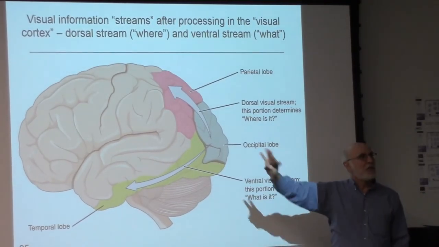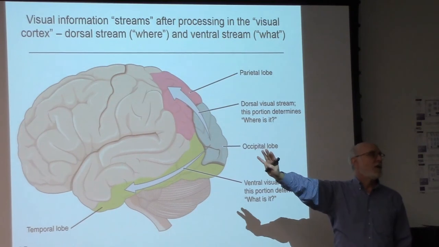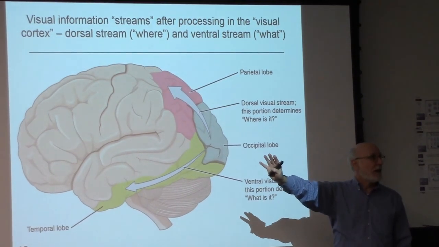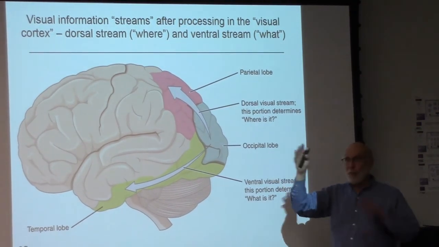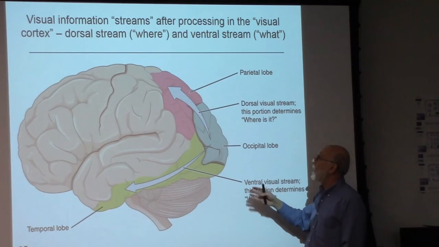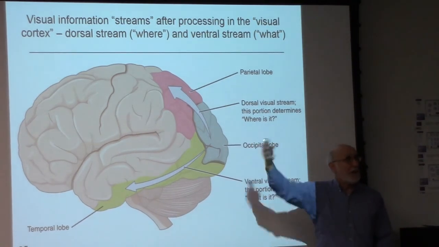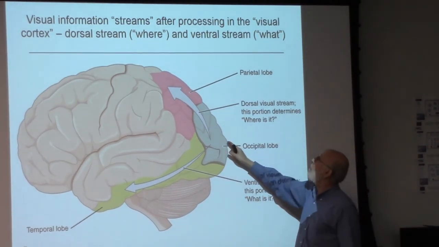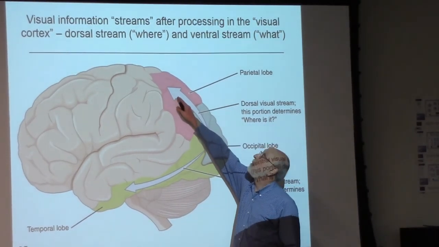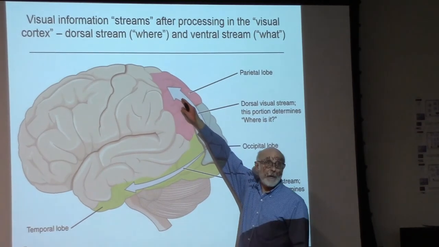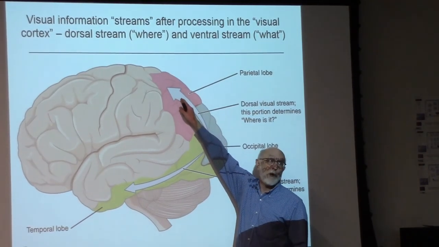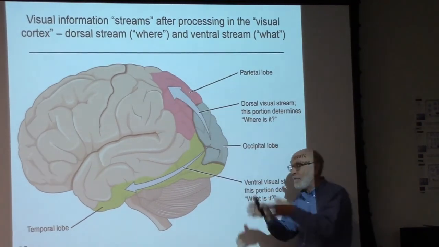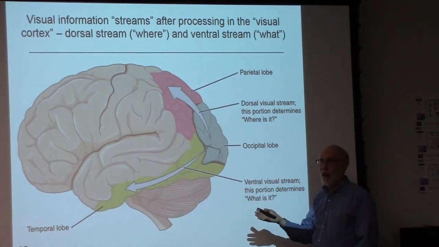So in my peripheral vision, I can't tell whether that's someone coming to hug me or a bear coming to eat me. If there's something coming at me, I'm using my dorsal stream to determine where is it, but I don't know what it is. And then I put my fovea on it, and I say, oh, that's a bear.